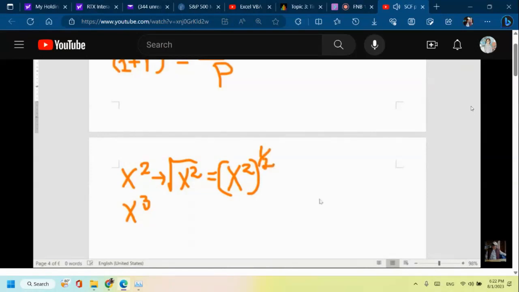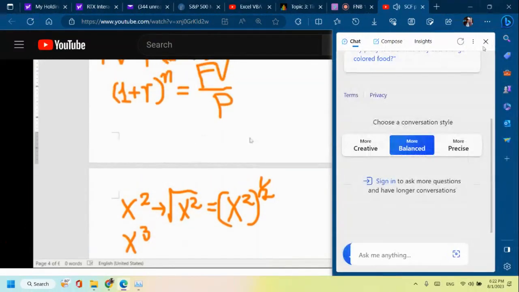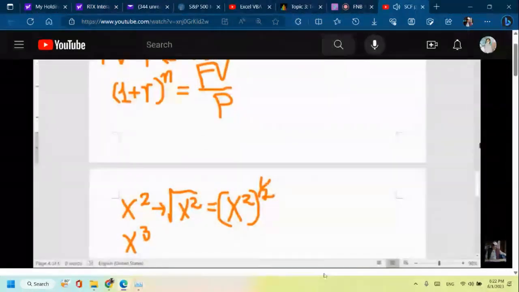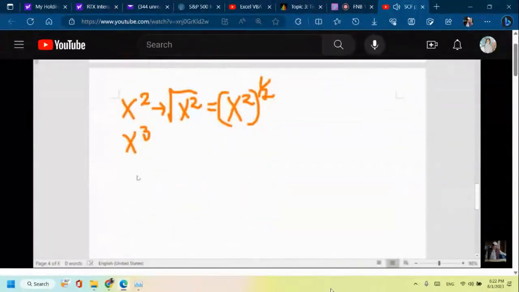Okay, half power is another way of denoting or meaning square root. Now, if you remember from basic algebra, some rules of algebra, right?